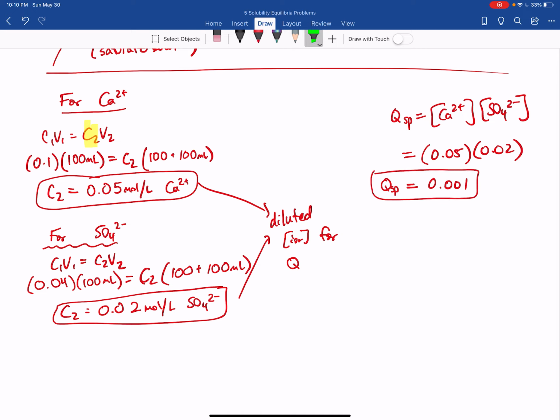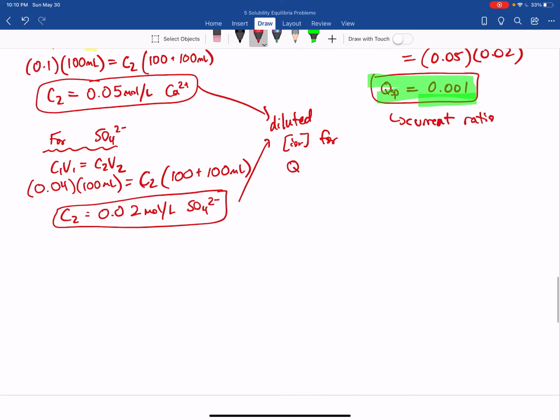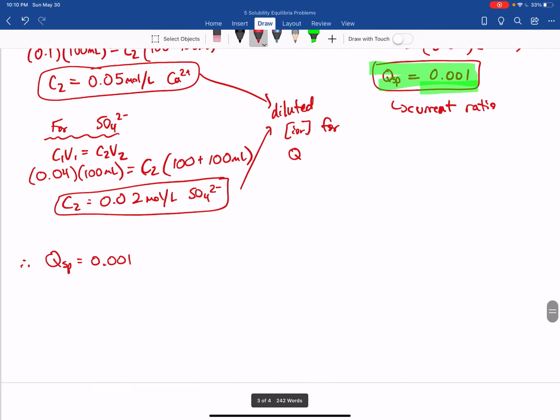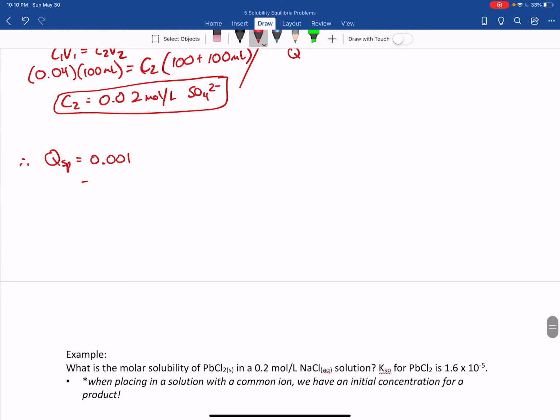So that tells us, remember, the current ratio of products to reactants. We'll compare that to the expected equilibrium ratio and then determine what is going to happen. So we can say, therefore, Qsp equals 0.001. If we scroll back up, K is given to us, 3.6 times 10 to the negative 5.